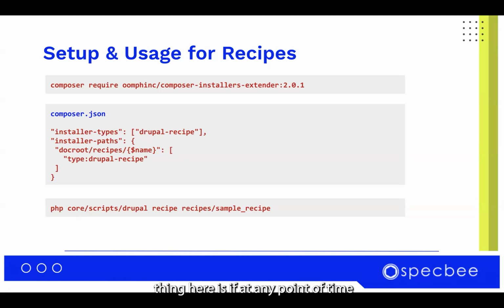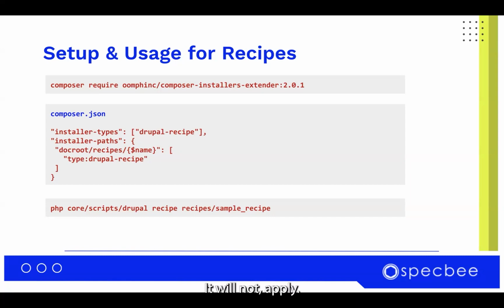The thing here is, if at any point of time the recipe fails to apply to a site, all the configuration updates that were installed, all the configurations that were applied, will be rolled back to the previous state, the state before the recipe was getting applied. And this means that if a recipe fails, the site is not breaking, right?